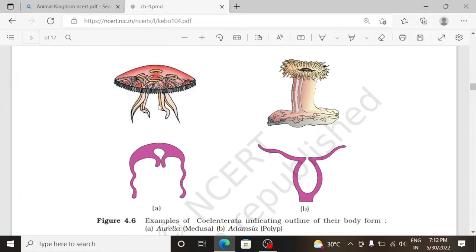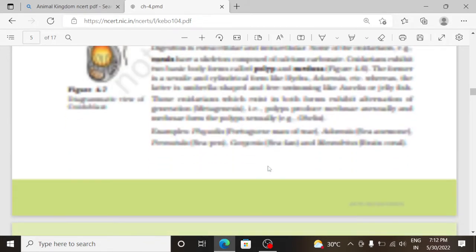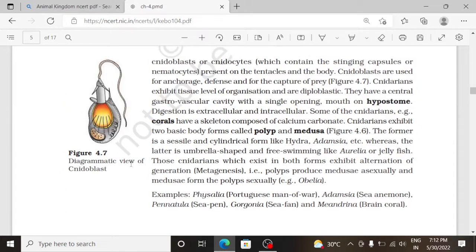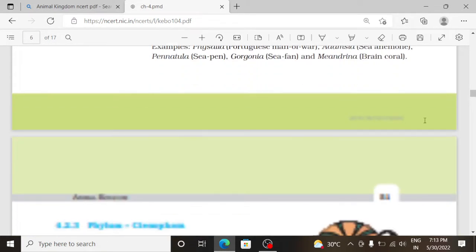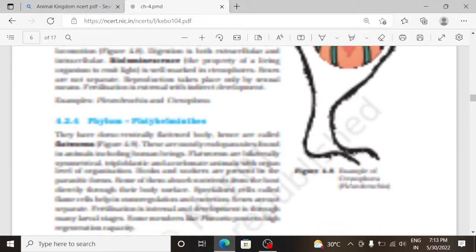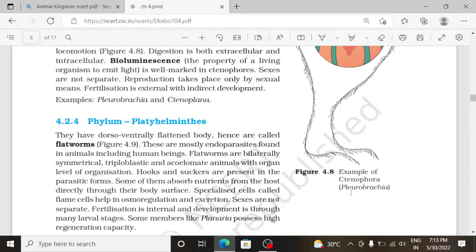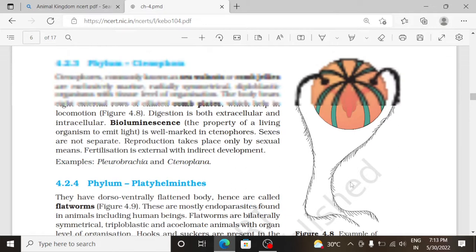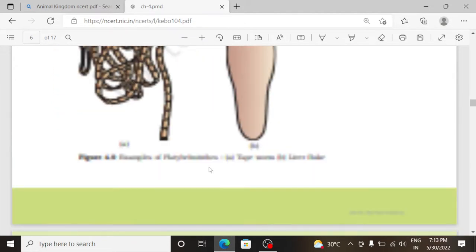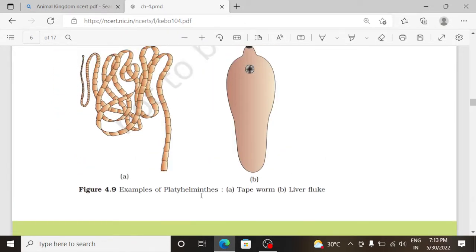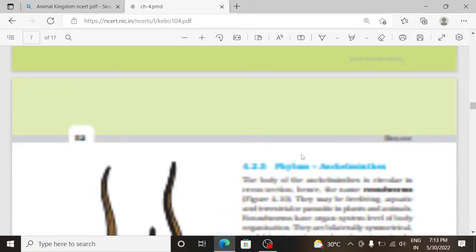So this is Aurelia, that is Medusa, and this is Adamsia, that is polyp, and this is the diagrammatic view of Cnidoblasts. And here is the example of Ctenophora, that is Pleurobrachia. Then this is an example of Platyhelminthes, which is tapeworm, and this is liver fluke.